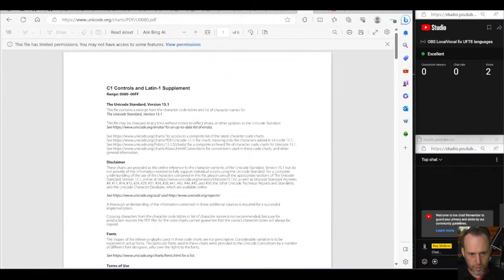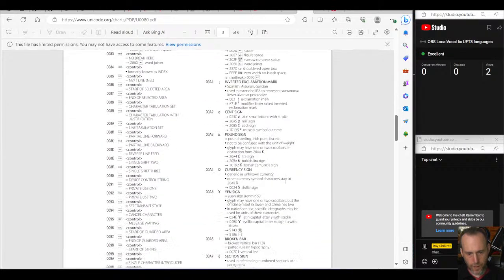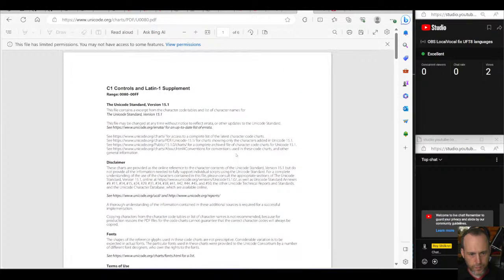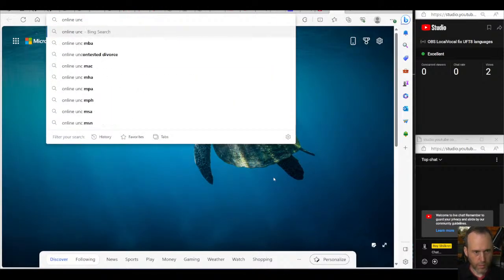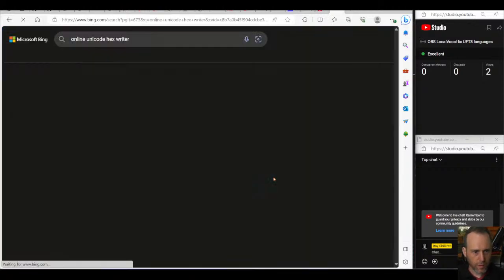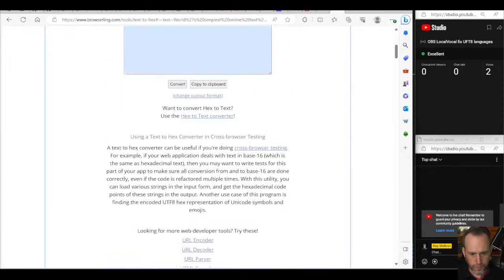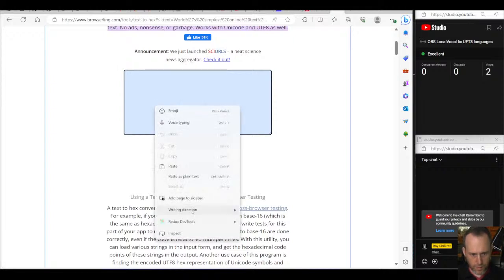Unicode. Huh. What does it mean to have a 0, 0? Let's do online Unicode hex writer or something. Text to hex converter.